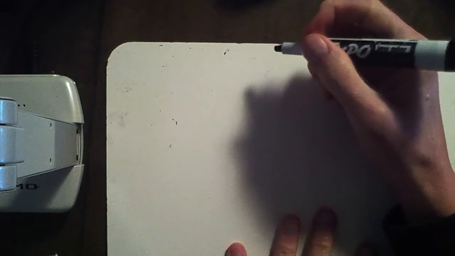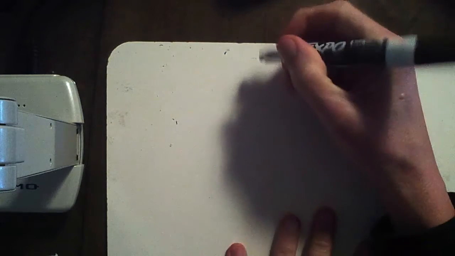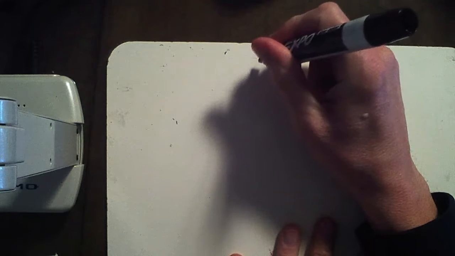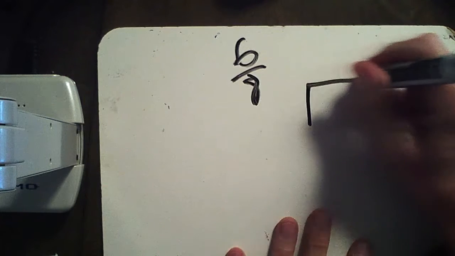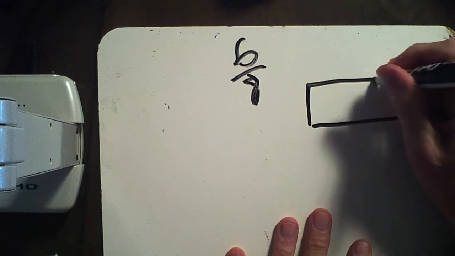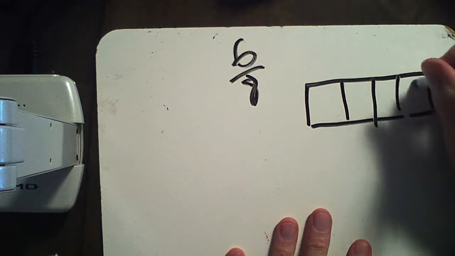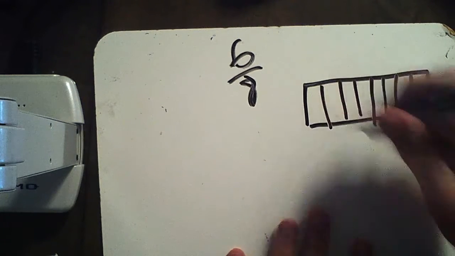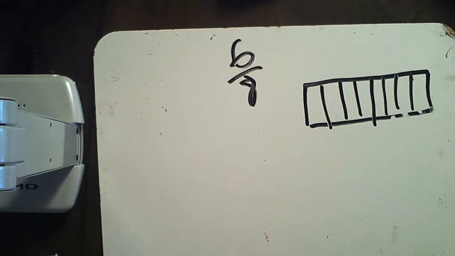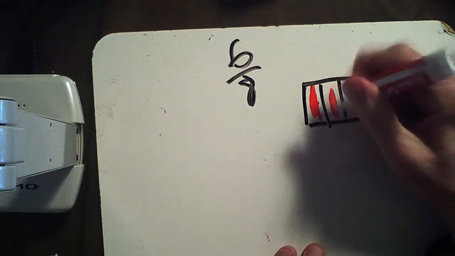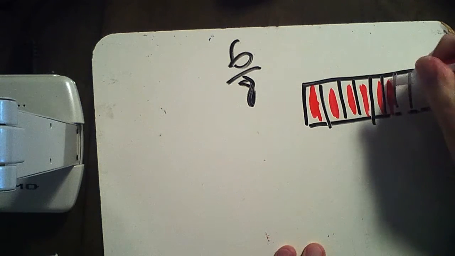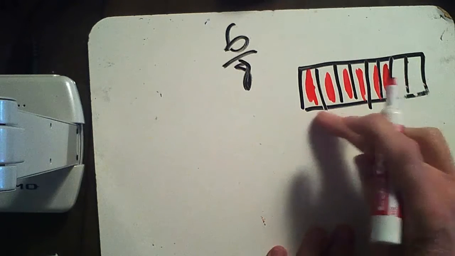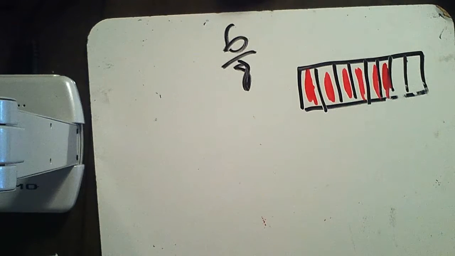We've been working on decomposing fractions like, say, 6/8, and then we always make a picture of it, right? 6/8 can look like this: 8 equal parts, and then we get 6 of them colored in. 1, 2, 3, 4, 5, 6. So that shows 6/8, right? And then we want to decompose it, right?